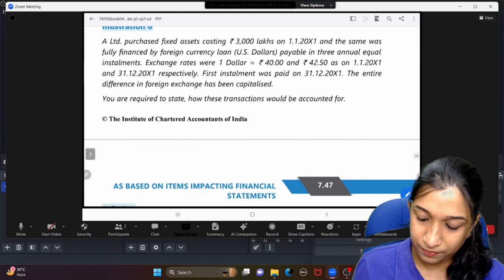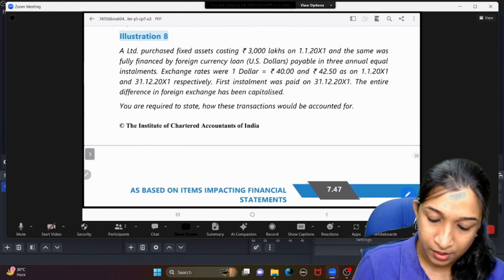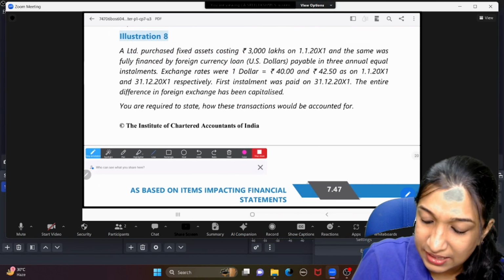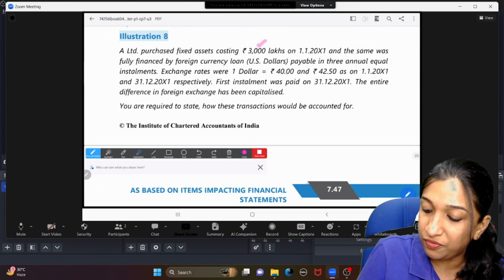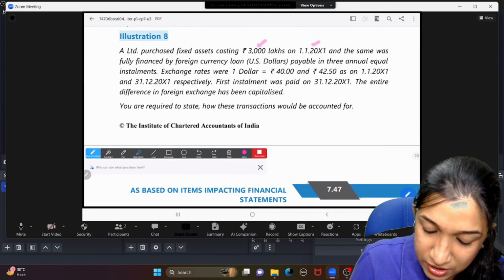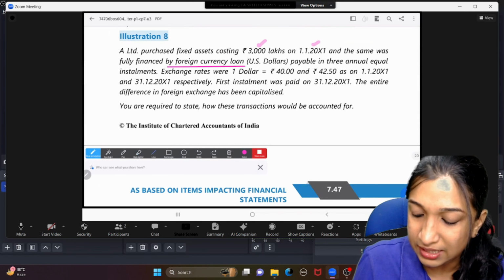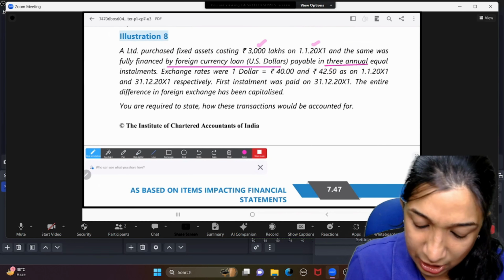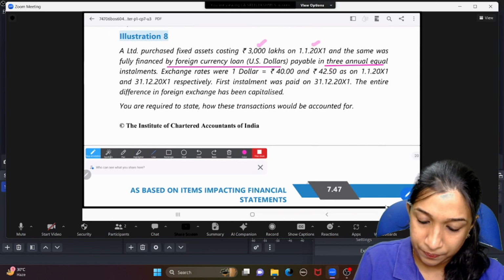Question 8. A Limited purchased fixed assets costing 3,000 lakhs on 1st January 11, and the same was fully financed by foreign currency loan payable in 3 equal annual installments.